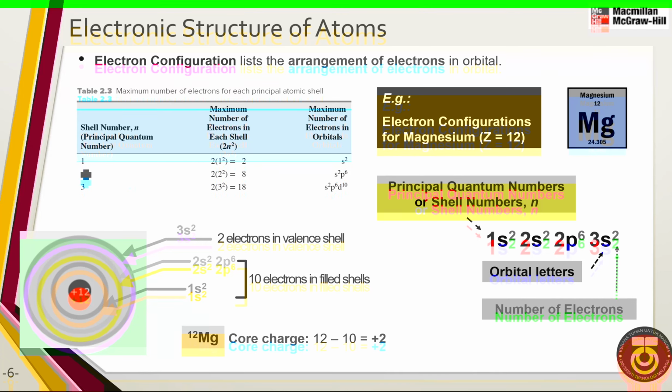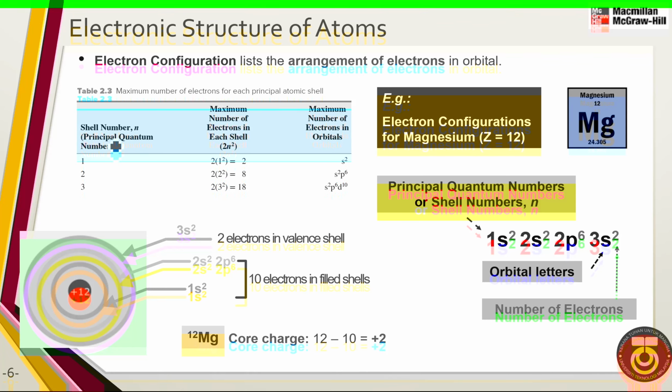That means if the shell number is 1, then 2 times 1 squared equals 2. And if we have shell number 2, then we replace n here with 2, then 2 squared is 4, multiplied by 2, that gives you the answer 8.